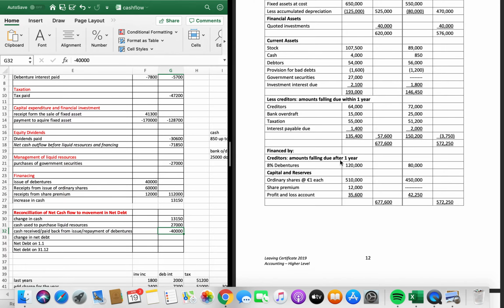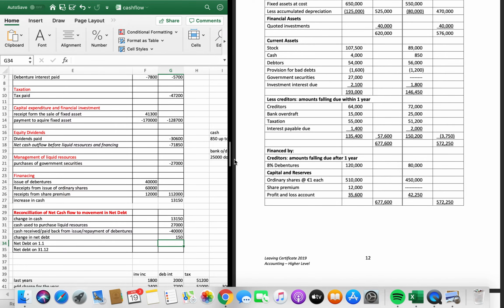So the debentures are money we owe. We've gone from minus 80 to minus 120, which is minus 40 in money we owe. Money that's owed to us has gone from 0 to 27,000, so plus 27. So our change in net debt is minus 40 plus 27, which is minus 13,150... sorry, 13 thousand.